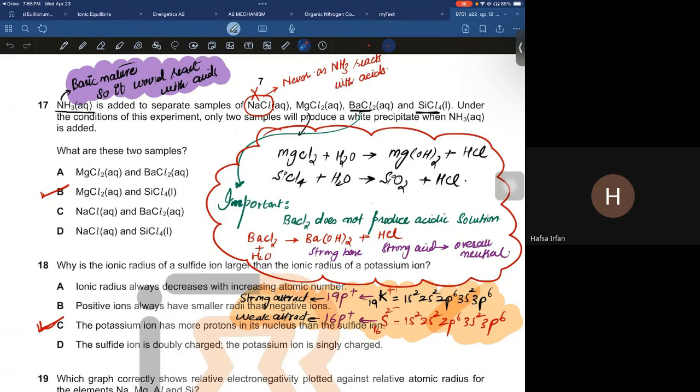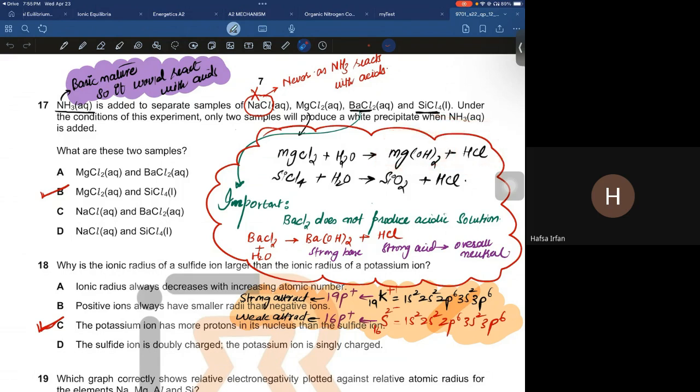When you add sodium chloride in water, it produces the Na+ ion and the Cl- ion. When magnesium chloride is added in water, it's going to produce magnesium hydroxide and hydrogen chloride.